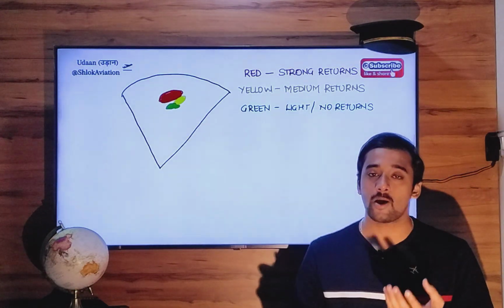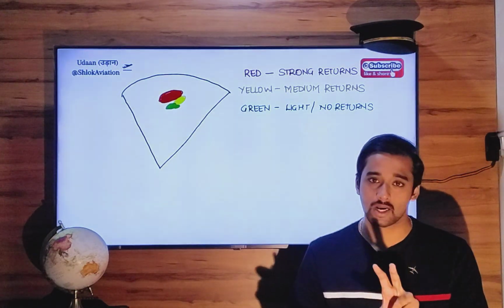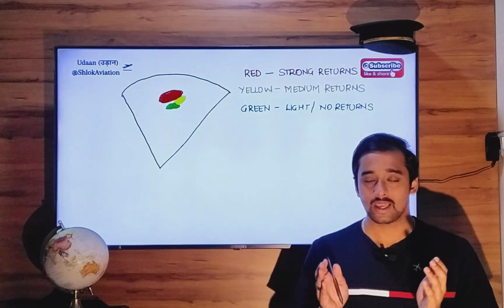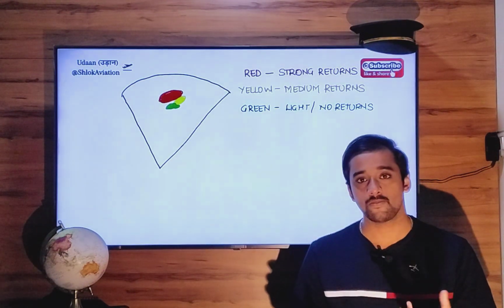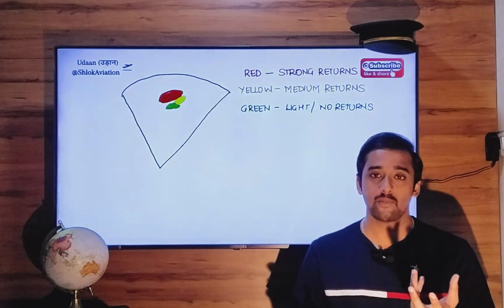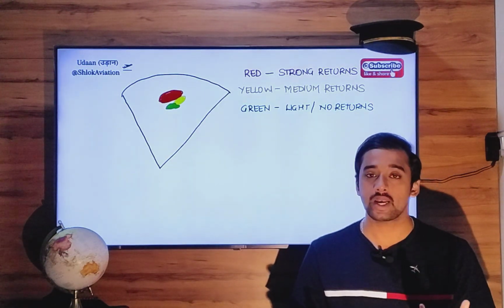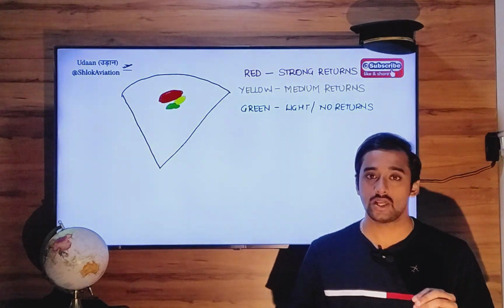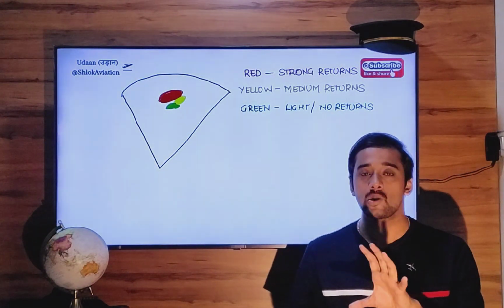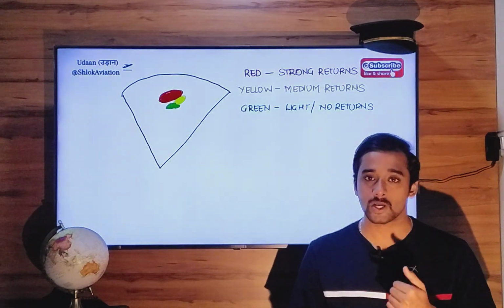Fronts are nothing but the boundaries between two contrasting air masses, cold and warm. So the boundary between them is where you will find wind shear, right, and bad weather. Okay, change in wind direction, wind speed, bad weather, etc. Similarly here, the transitional zone between green and yellow is where you will encounter maximum turbulence.